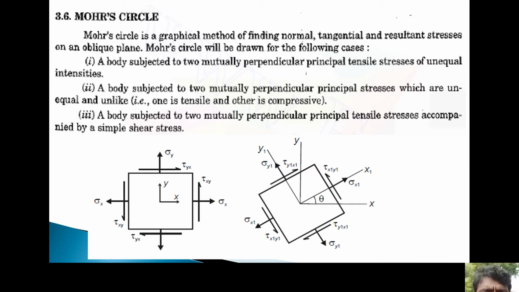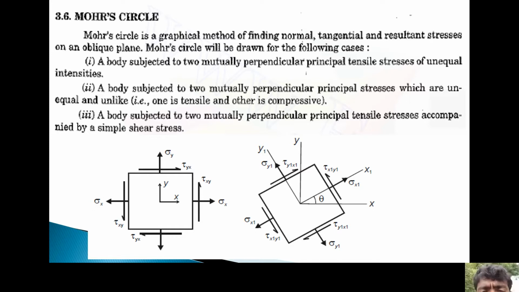In the second figure, the body is tilted to some inclination of the angle from the horizontal. x and y are the coordinate axes, and x1 and y1 are the axes tilted by the angle theta. This is a change in inclination of the body.